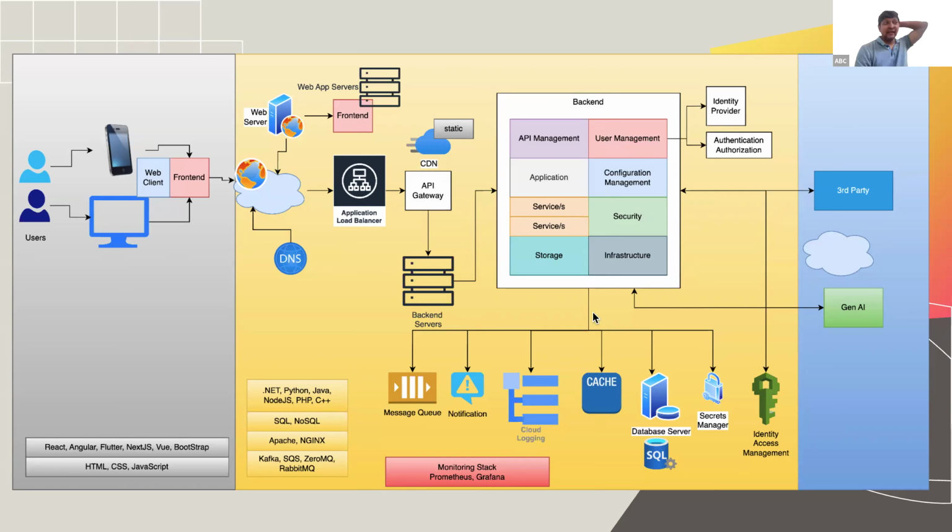Now that's where I like diagrams more. On this diagram, I know that if I'm a backend developer, these are the components that I'm close to. So if this is the backend, I have to know a few things about databases and the logging, notification, and so on.